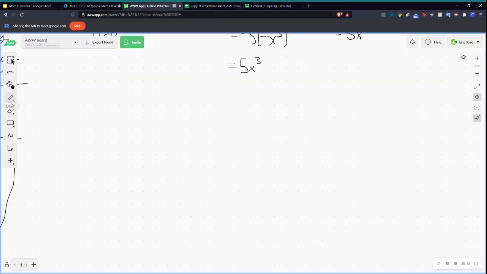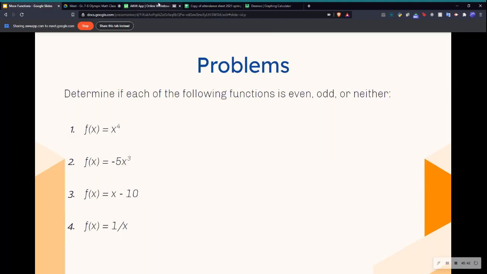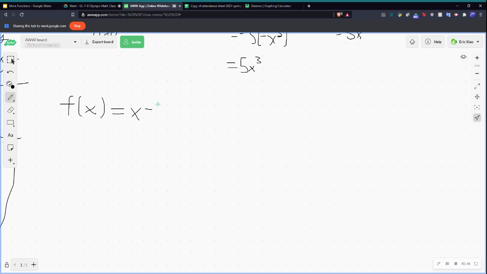So let's see why. This is a linear function. f of x is equal to x minus 10. So let's calculate what f of negative x is.